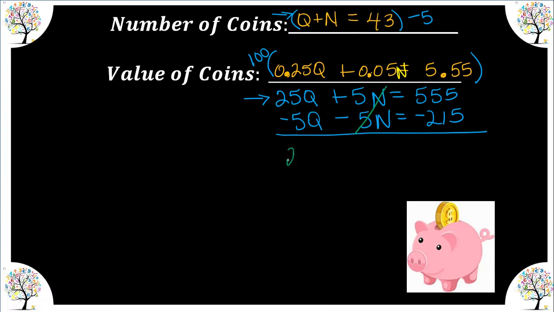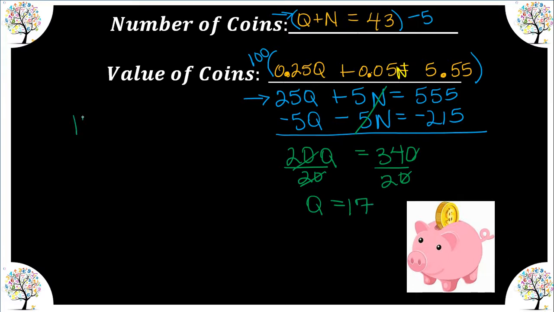And so this gives me 20q equals, and we subtract these out, that looks like 340. And then we divide by 20. And the number of quarters, 34 divided by 2, looks like it is 17. So Jude has 17 quarters.